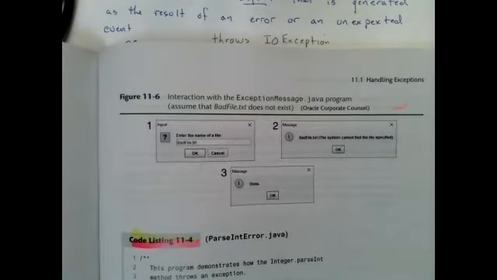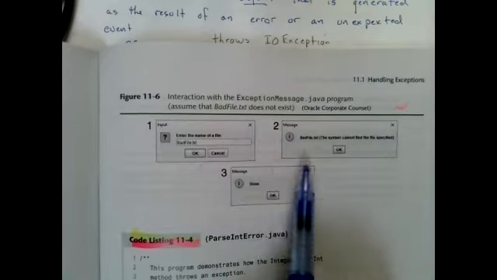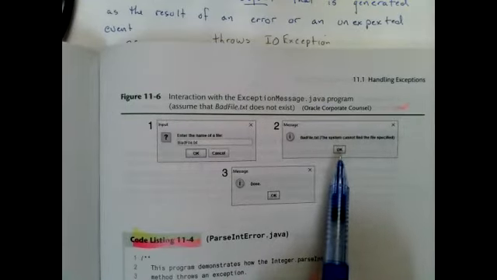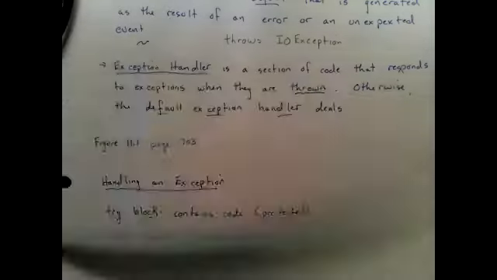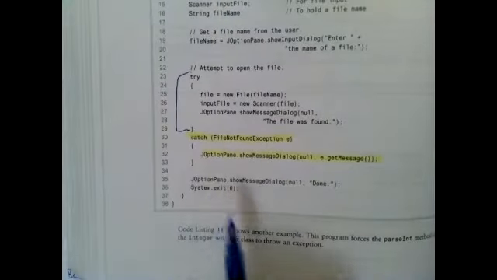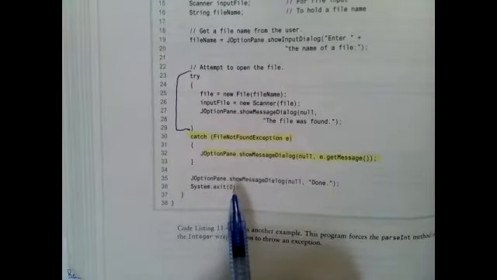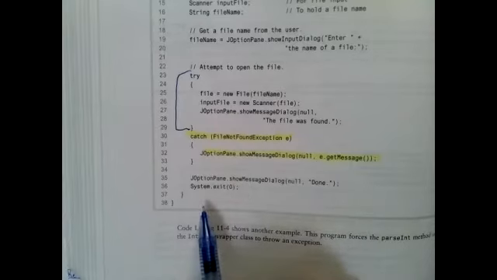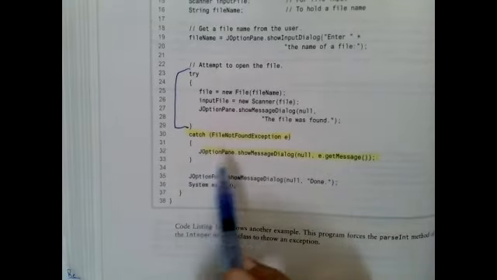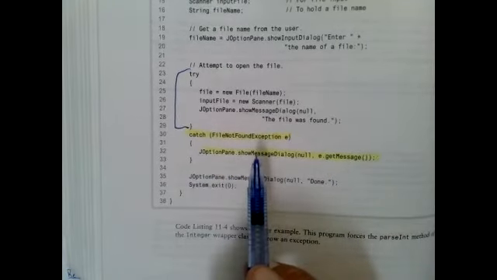So it's something, but you notice after this happens, my program doesn't crash. My program comes out of the catch block and it does, oh, done. And it finishes up. So it didn't crash, so we're going to be able to make catch blocks to do all kinds of things.